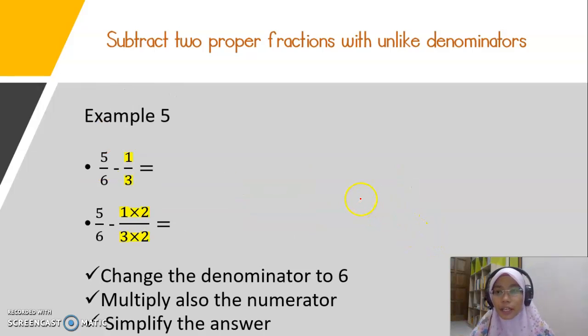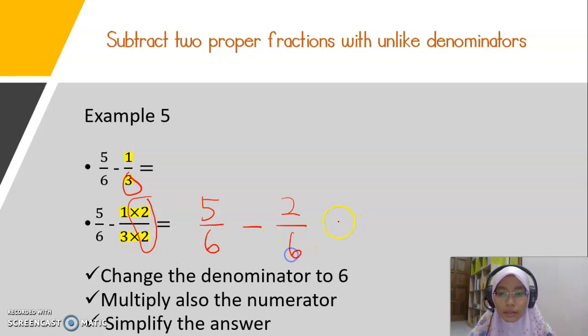Example 5. 5 over 6 minus 1 over 3. So here we have to change 3 to 6. How? We multiply it with number 2. So 5 over 6 minus 1 times 2, 2. 3 times 2, 6.